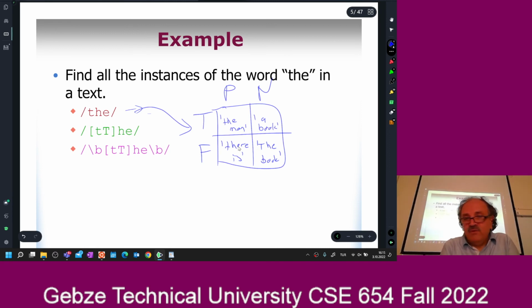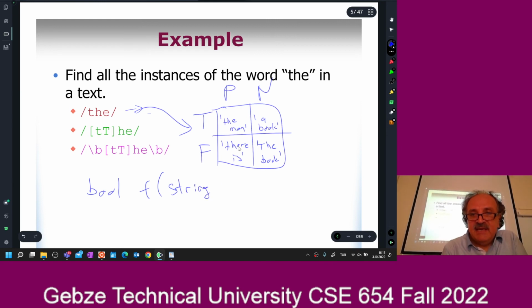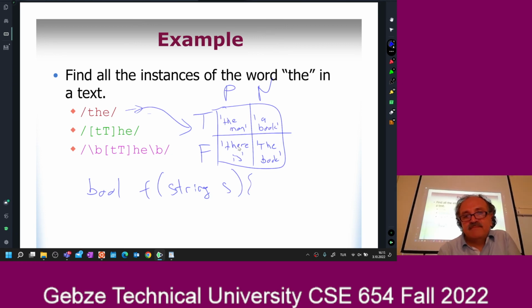Okay, now you know. Let me write this down then. Boolean f is going to take a string s, and it will return. How am I going to find it?